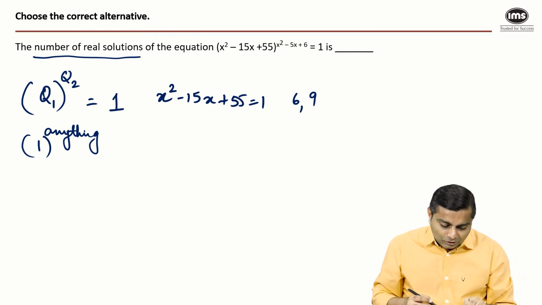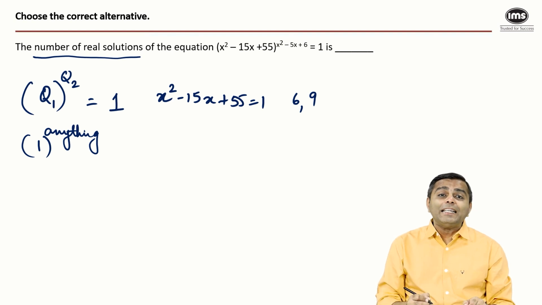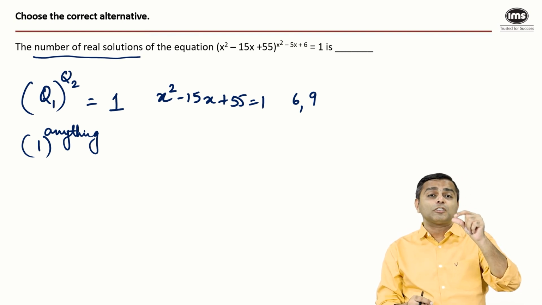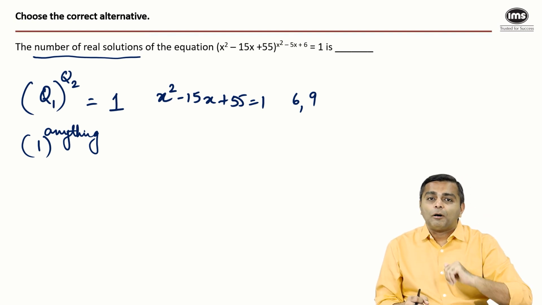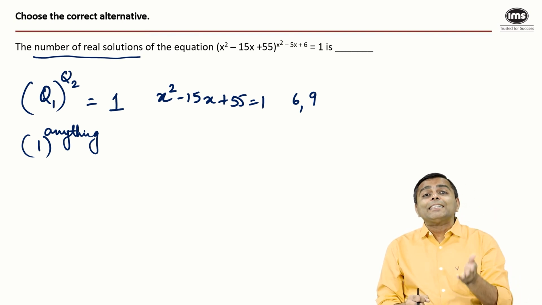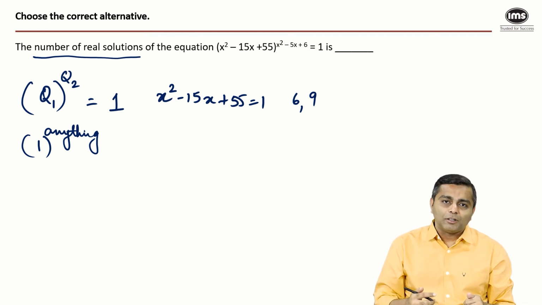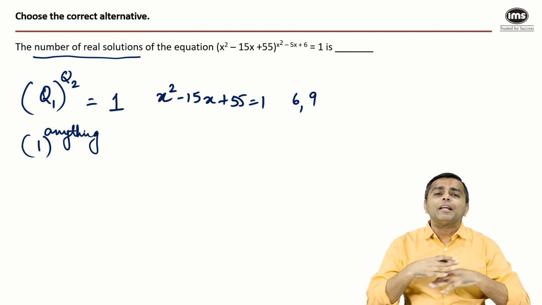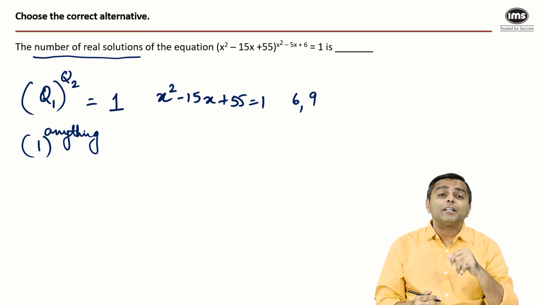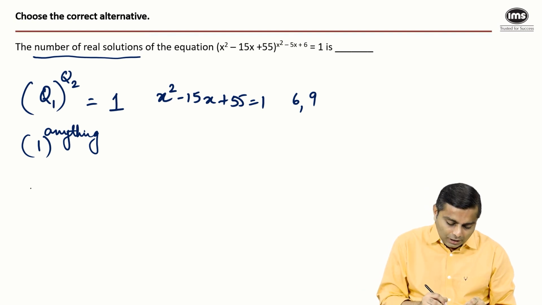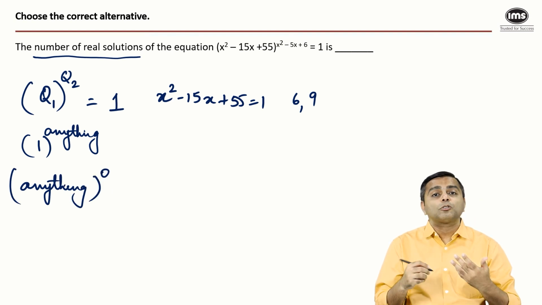Second possibility: now what we thought of was the base, let's think about the power. Any number raised to 0 is going to give us 1, irrespective of the base. So the second possibility is anything raised to 0, which gives us 1.